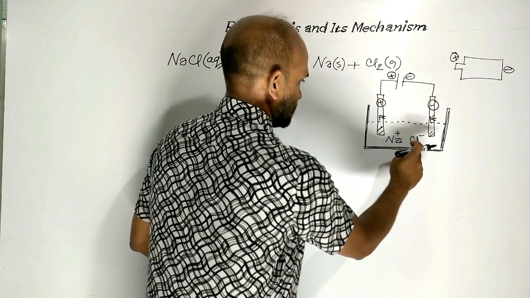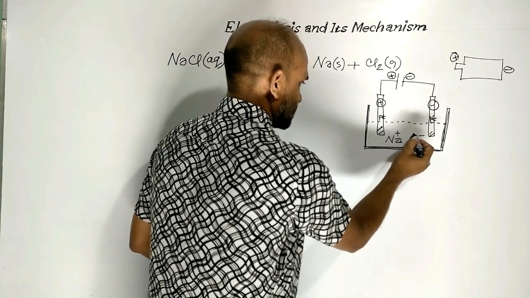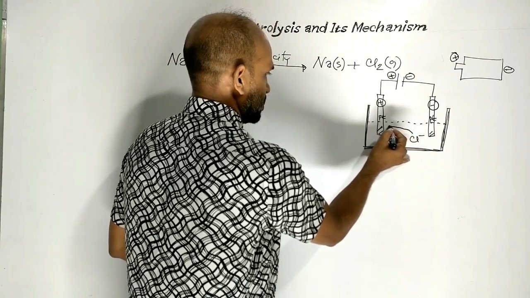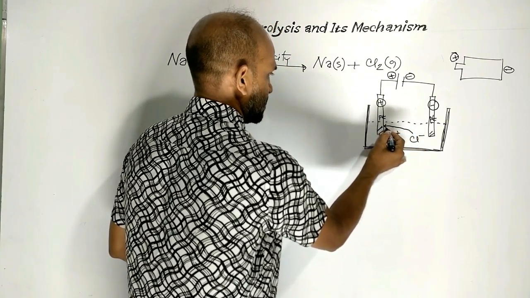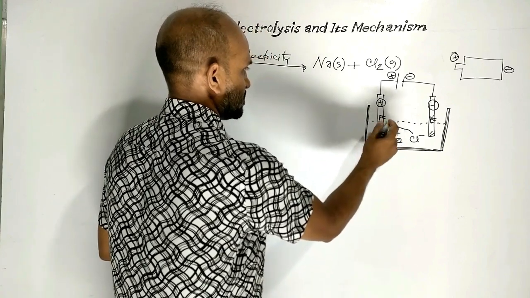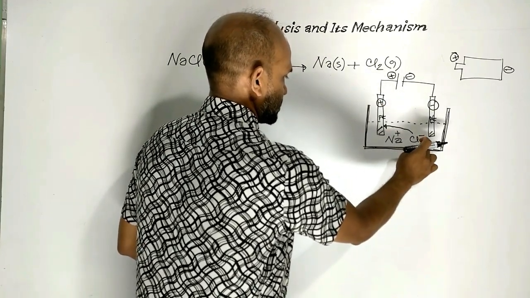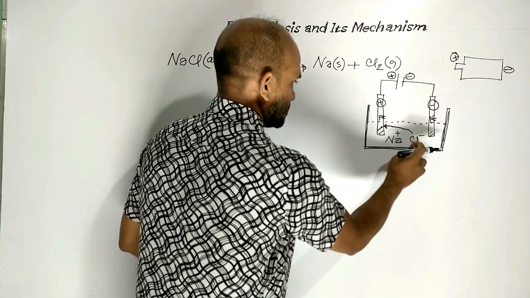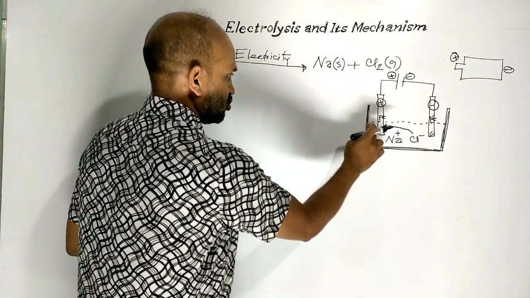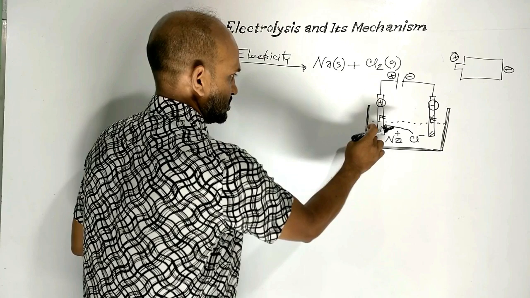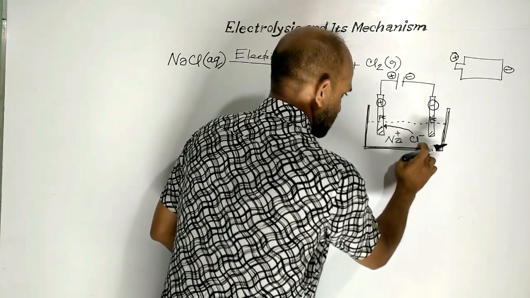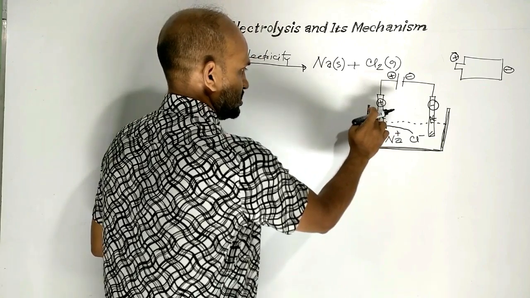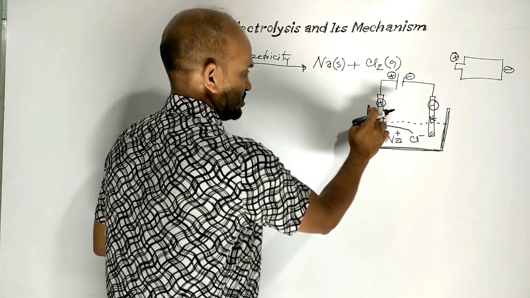At this moment, negatively charged ions will migrate towards the positively charged bar because of positive-negative attraction. That is, negatively charged ions move towards the positively charged bar because it is electronically deficient.